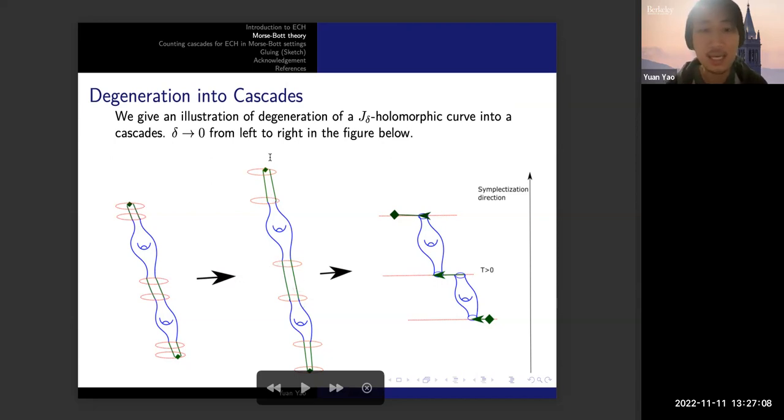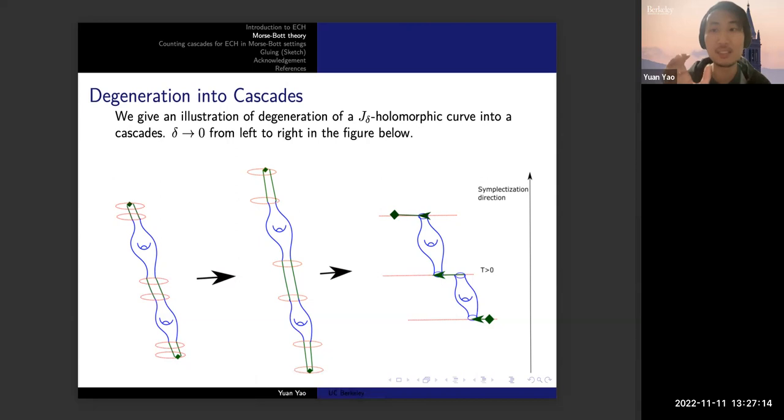As delta goes to 0, the gradient flow of delta times f becomes infinitely slow. These become infinitely long necks, but they're not infinite trivial cylinders, because overall they still go from one Reeb orbit to a different Reeb orbit. And that's what these gradient flow lines on the very right indicate.